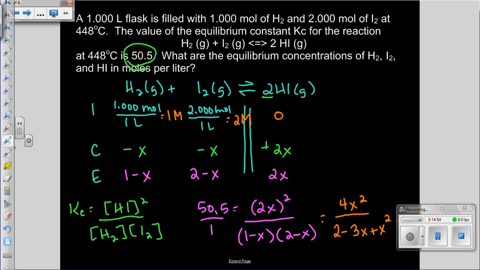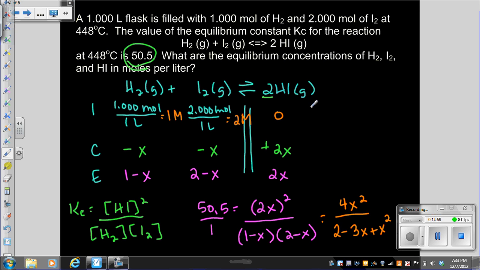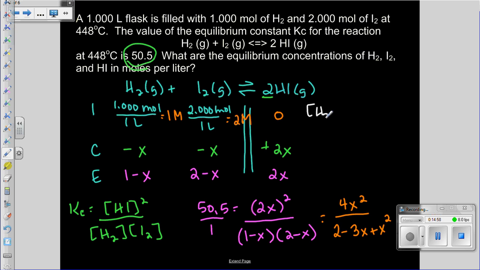So my concentration of hydrogen is going to be 1 minus 0.935, which is going to give me, and let's go back and look, 3 significant figures, so my answer is going to be 0.0650 molar.